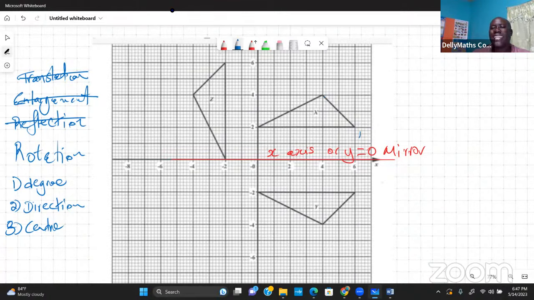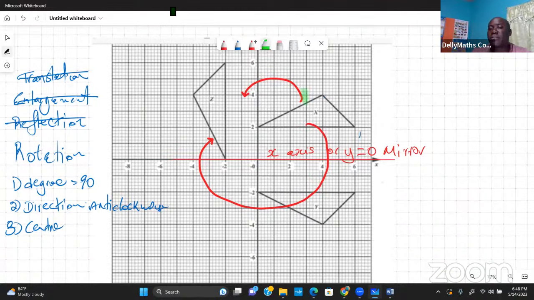How do you know? A rotation, well, you could say 270, depending on the direction you're going. So I could say 90 degrees to go this way, but I could say 270 to go all the way in that direction. So depending on how I feel, it's up to me, all right? So if I'm going to use 90, I would say 90 degrees anti-clockwise.